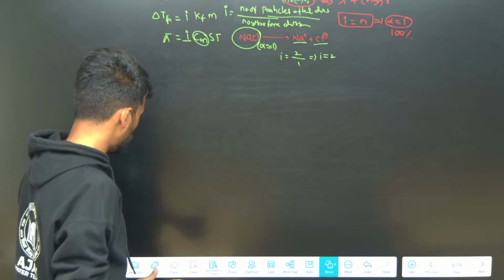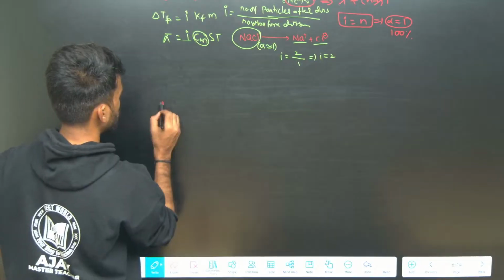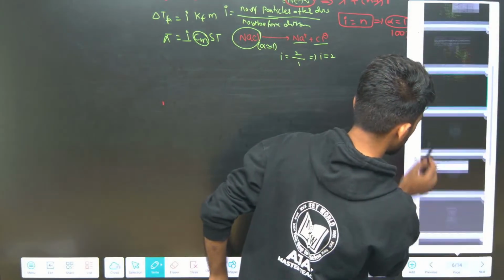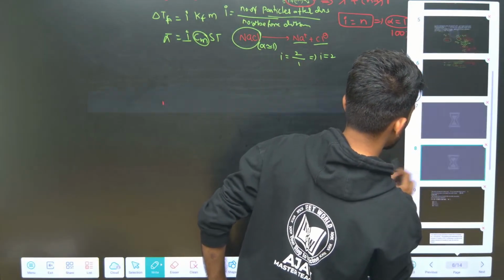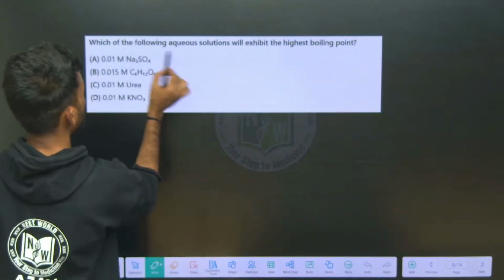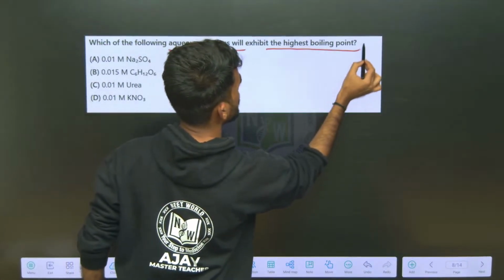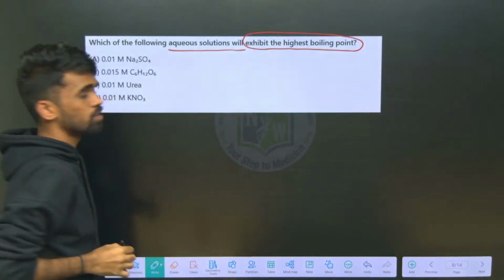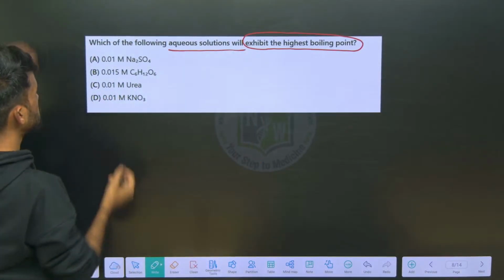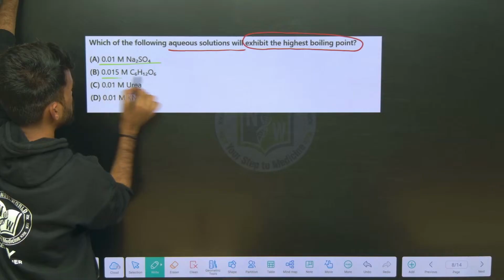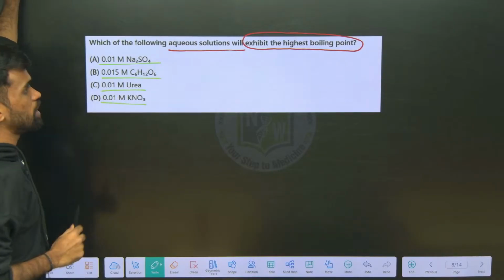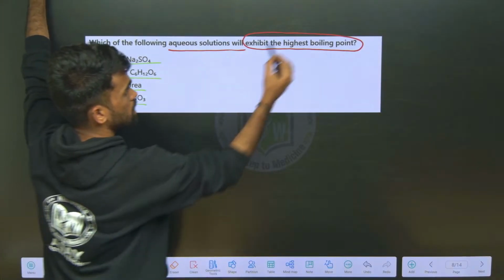Let me show you one question. Look at this. Which of the following aqueous solutions will exhibit the highest boiling point, they are asking. So how do you calculate this? We have concentrations given like this. We need to express which is showing the highest boiling point.